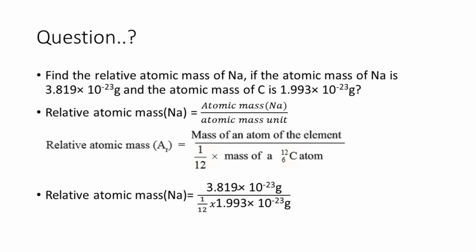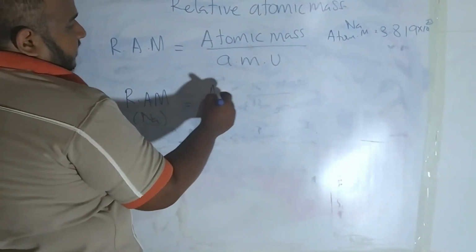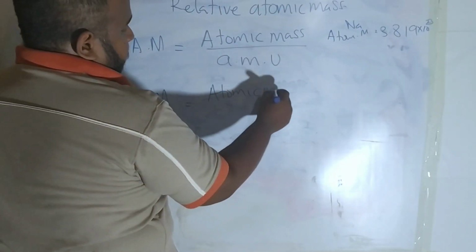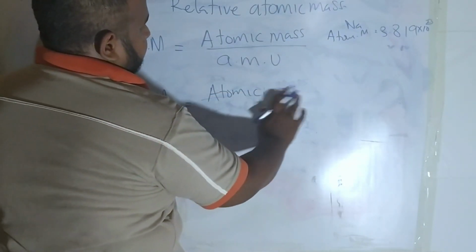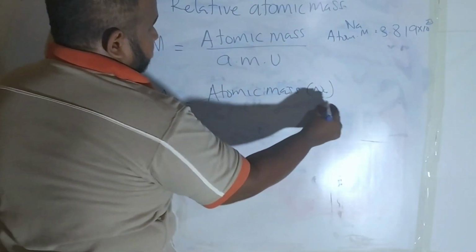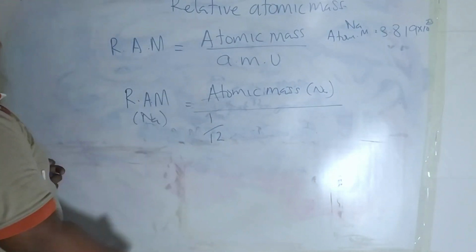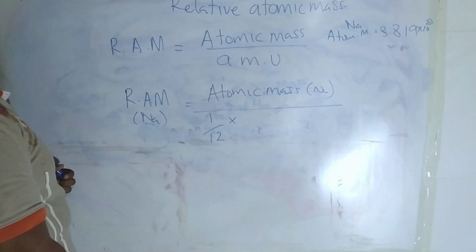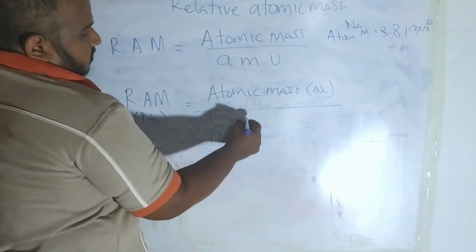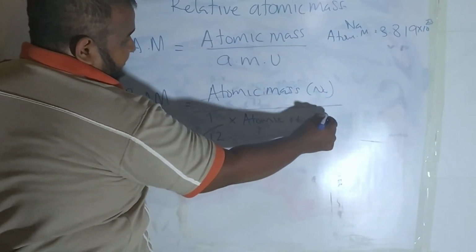Therefore, you have to go to the answer in this format: relative atomic mass of sodium is equal to the atomic mass of sodium divided by 1 over 12 into the atomic mass of carbon.